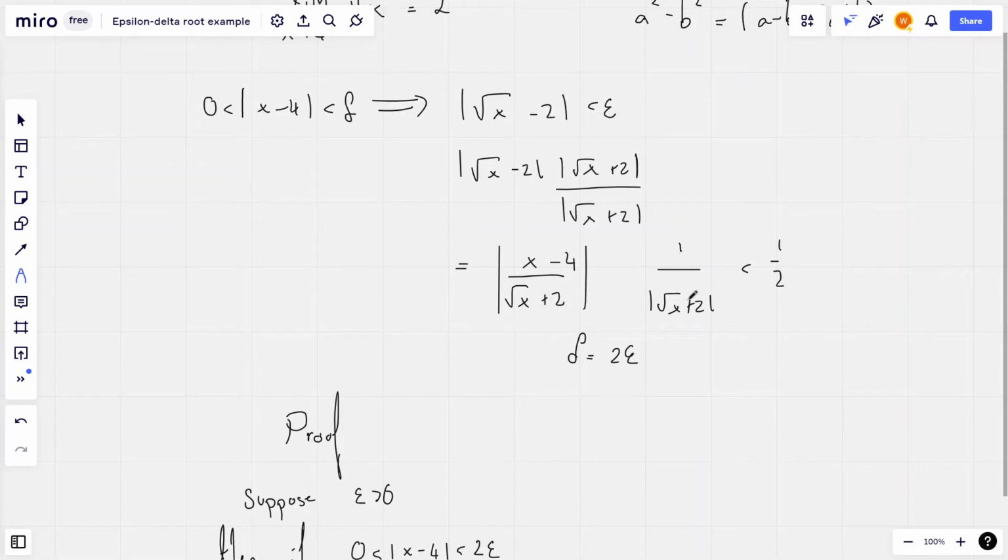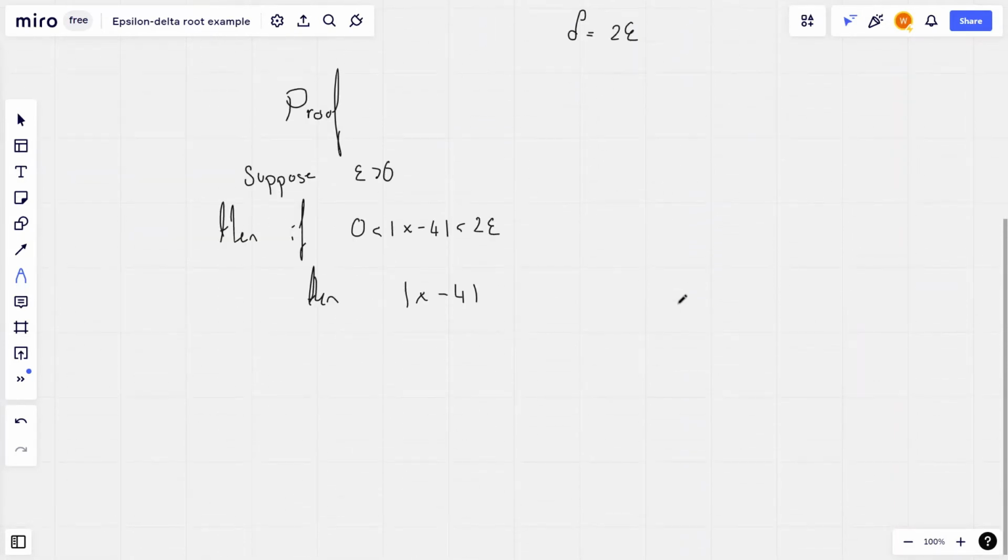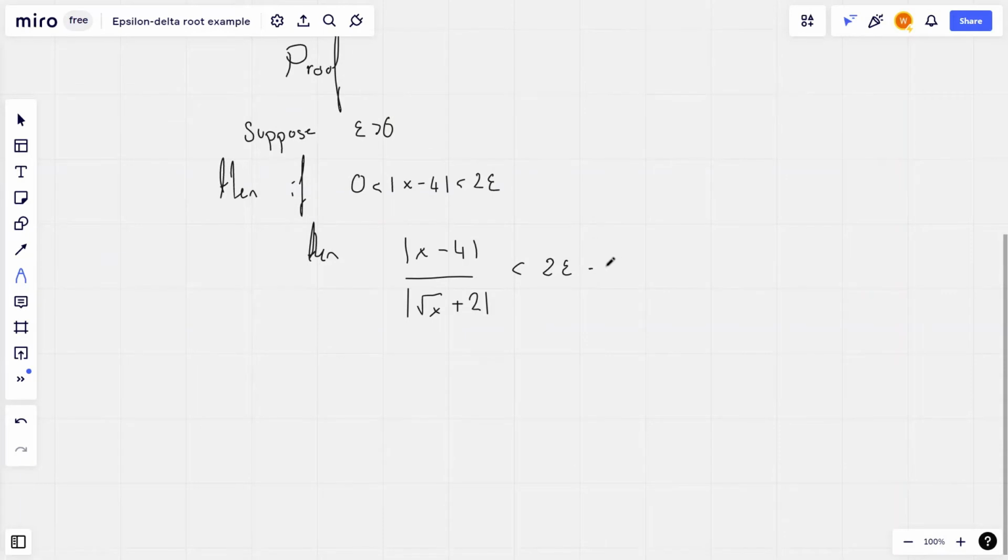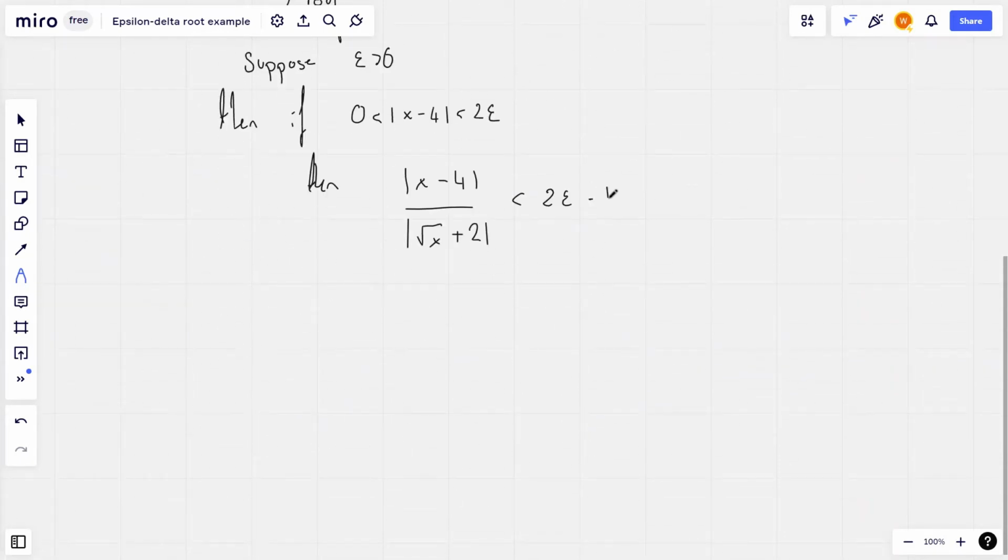When we multiply by 1 over square root of x plus 2 over square root x plus 2, oops, this is less than 2 epsilon times 1/2, and so we have square root x minus 2 being less than epsilon.